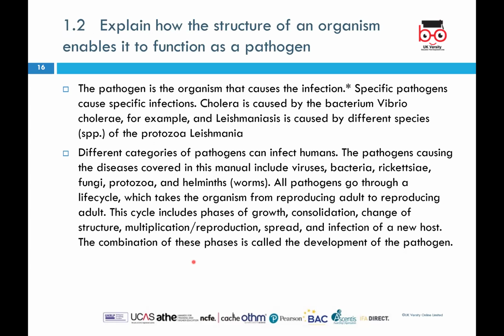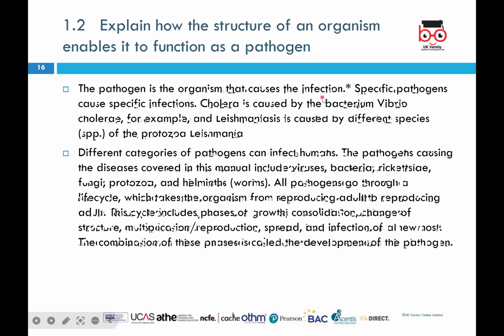So, how does the structure of an organism enable it to function as a pathogen? A pathogen, as I said, is there to cause infection or pathology. A pathogen is the organism that causes infection. Specific pathogens cause specific infections.